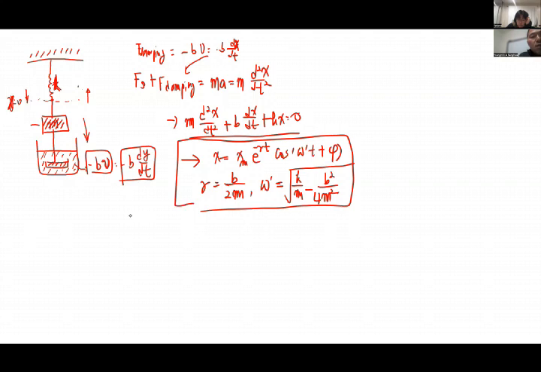So that is the solution of this damped harmonic oscillator.